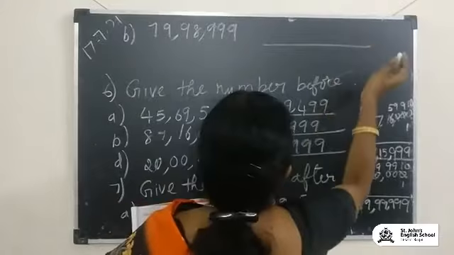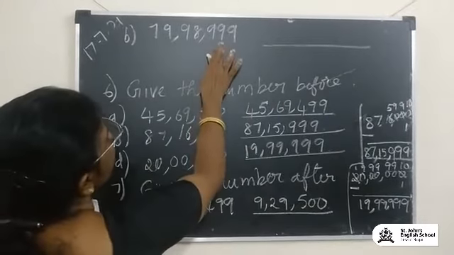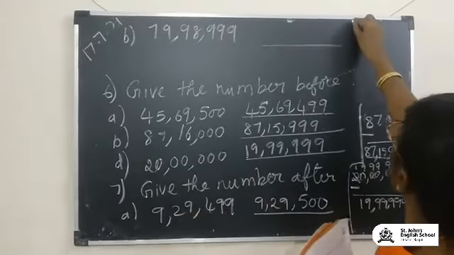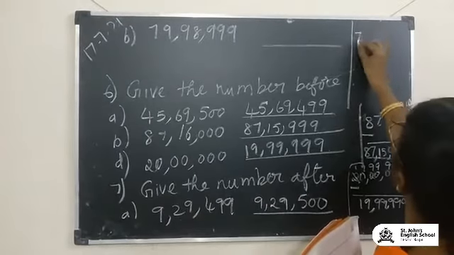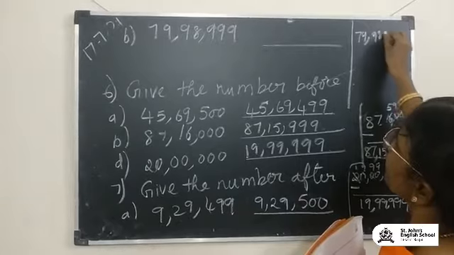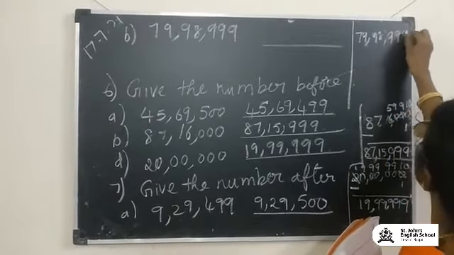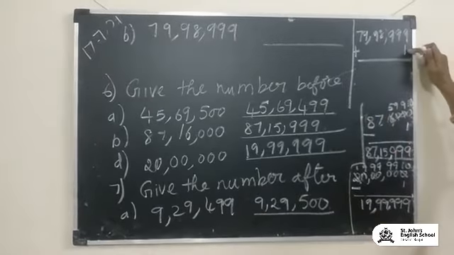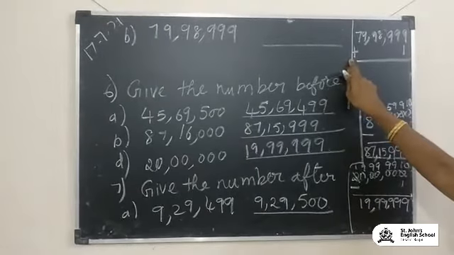Now, children, what you are going to do is add plus 1 here. I will draw the column, 79 lakhs 98,999. Now we add plus 1, write the plus 1 here.